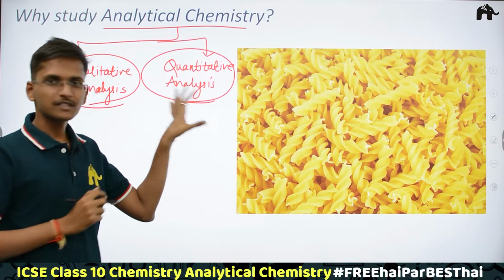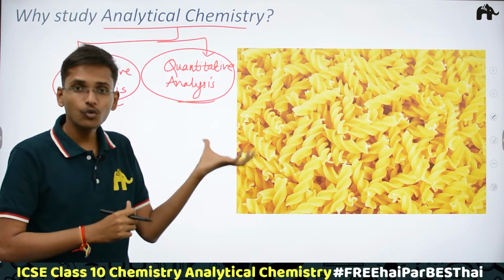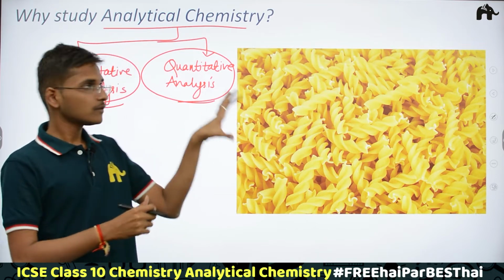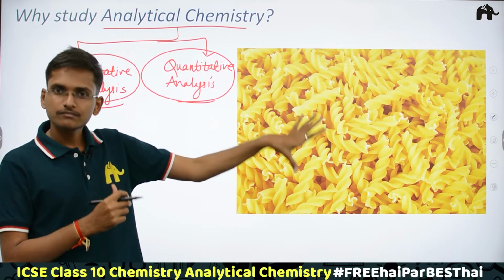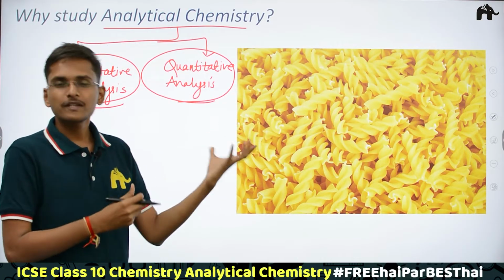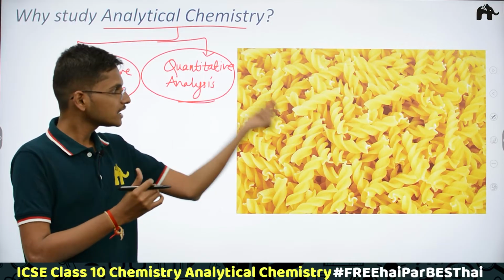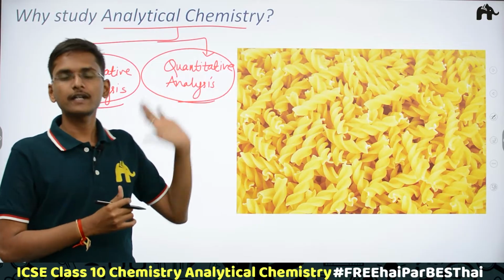And this is what we call quantitative analysis. Here we are finding out the quantity of lead which is present in this pasta, so analyzing the quantity of that particular component in the substance is called quantitative analysis. Very simple.